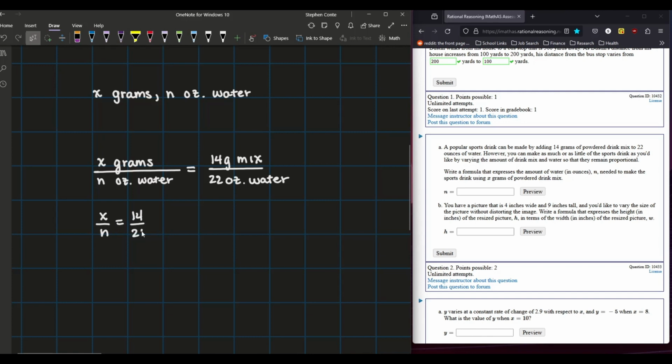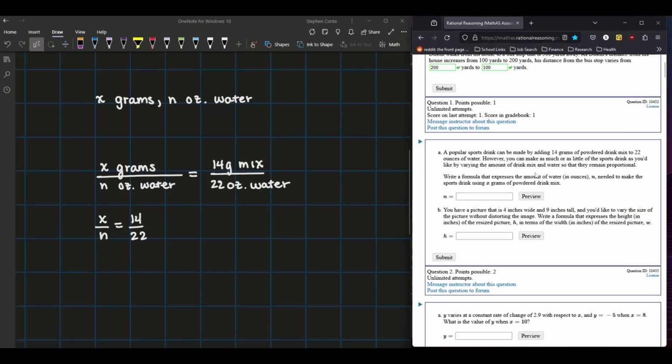We want to write a formula that expresses the amount of water in ounces N needed to make the sports drink using X grams of powdered drink mix. So let's say we had X. We already know X. We want to find N. Right? So all I need to do now, we can flip the fraction. So we can say N over X is 22 over 14.